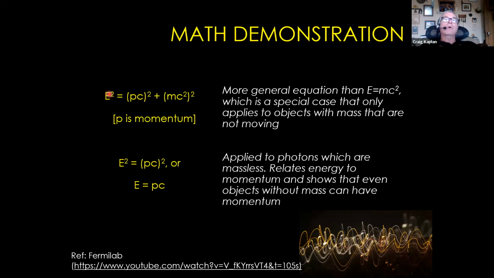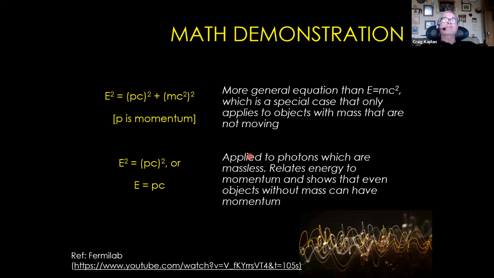The more general equation factors in momentum. So in here, the energy squared equals momentum, which is the p times the speed of light, quantity squared, plus the mass times the speed of light, quantity squared. And you can solve this equation to E equals momentum times the speed of light.